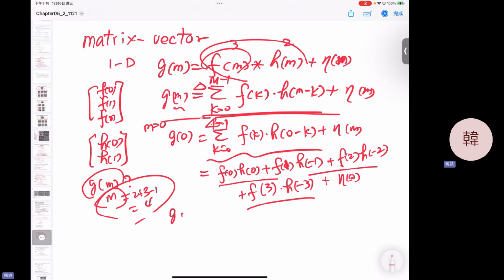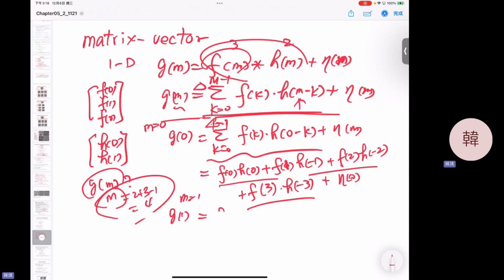What about G1? N equal to 1. What's the output of your G vector at component index 1? You just put 1 here, and K from 0 to 3.